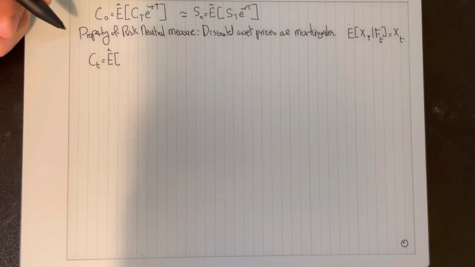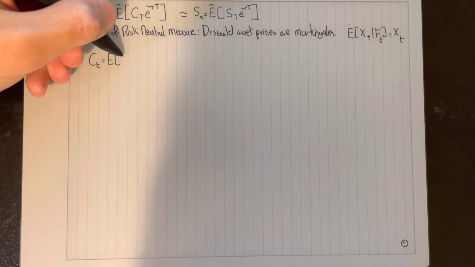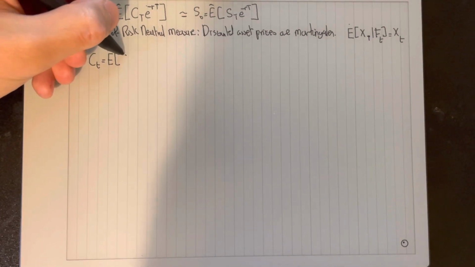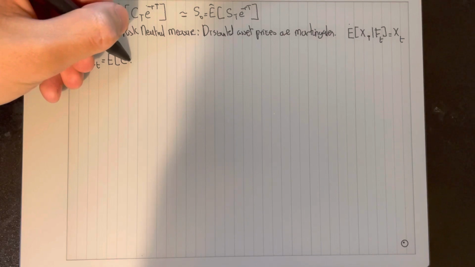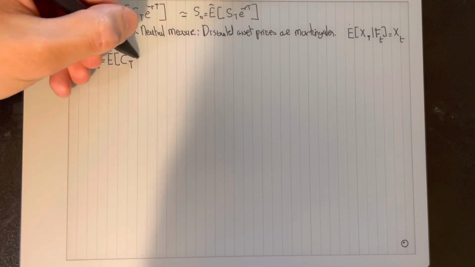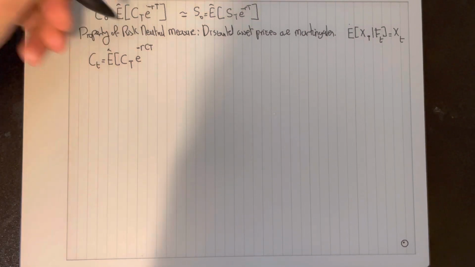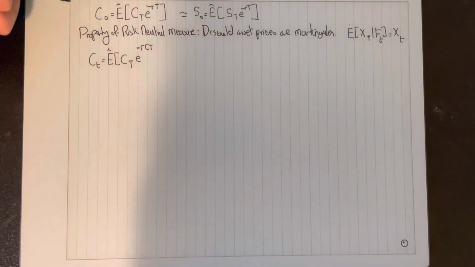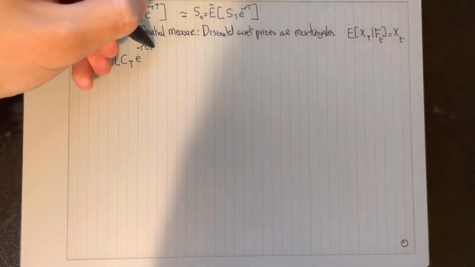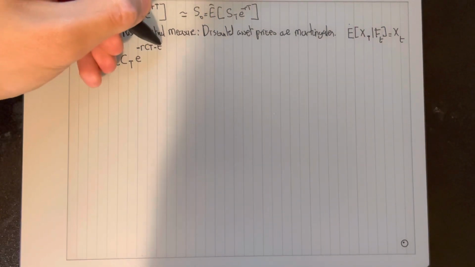So let me now just continue on from where we left off, where we said that the value of a call option under the risk-neutral expectation is equal to the risk-neutral expectation of the payoff of that call option. And now we need to discount it back, but we're discounting it not simply all the way from T to 0, but from T to little t. And that is the distance over here.